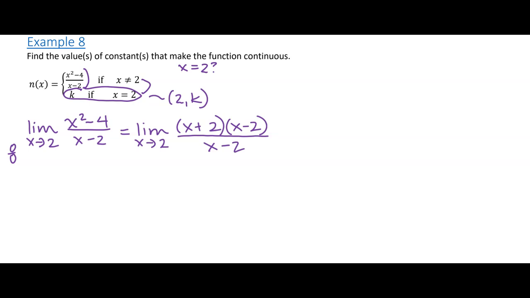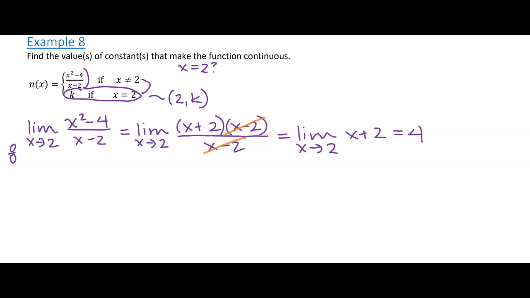And I can cancel the x minus 2 out, which is wonderful because that's what was giving me a problem. So it looks like aside from what is in fact a removable discontinuity, a hole in the graph, the y values should be stuck right on the line y equals x plus 2. So they should be getting really close to 4 as x gets really close to 2. So the limit equals 4.